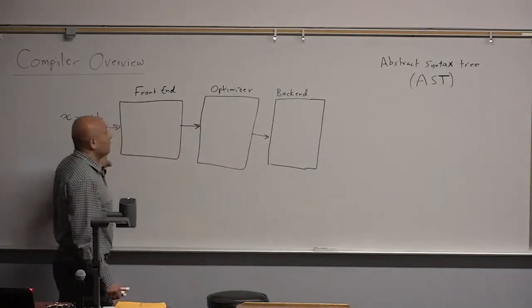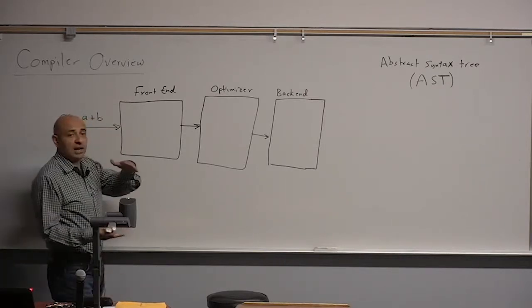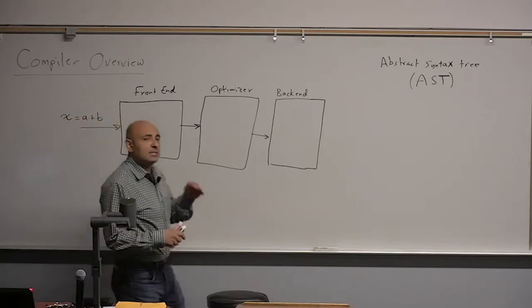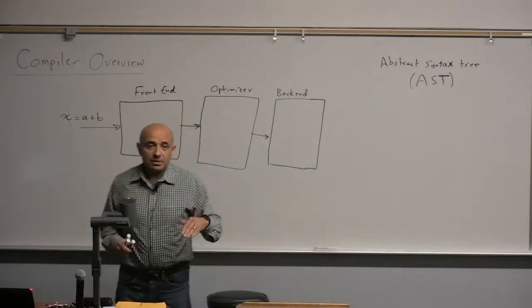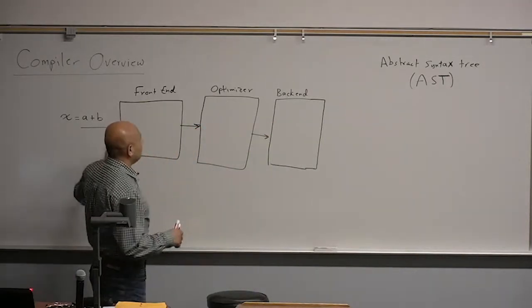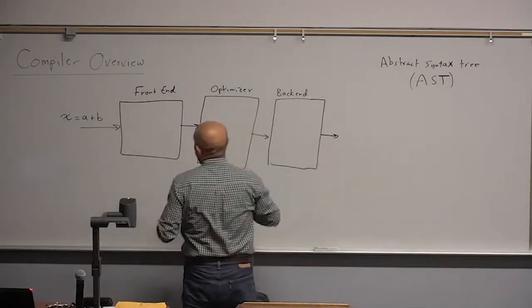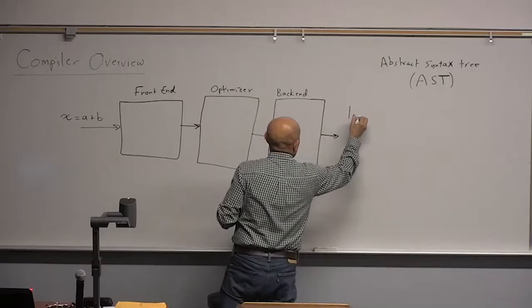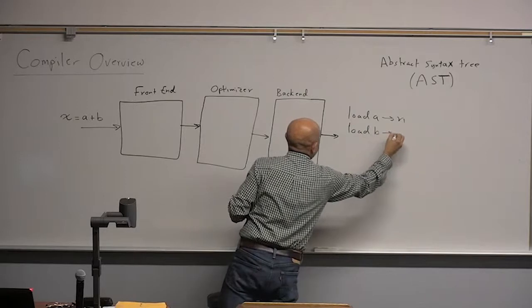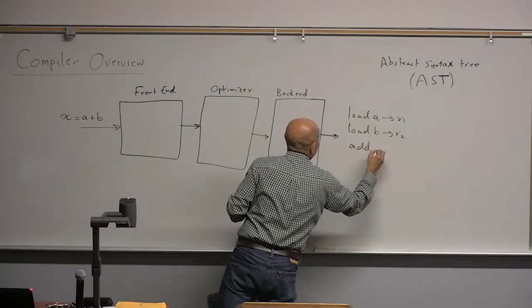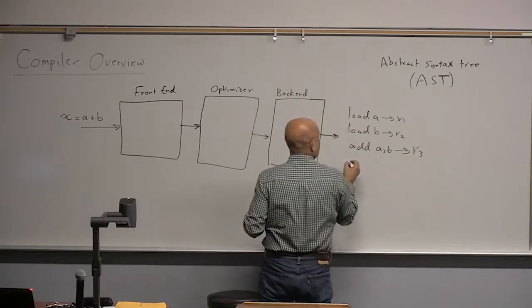If you think about it, the code generation process is going from a high-level language to machine language. And compilers don't do this in one step. There are multiple steps and phases involved to get from high level to assembly code. For example, in this case, the assembly code may look like: load A into a register, load B into another register, add A and B and put the result in a third register, and then what?